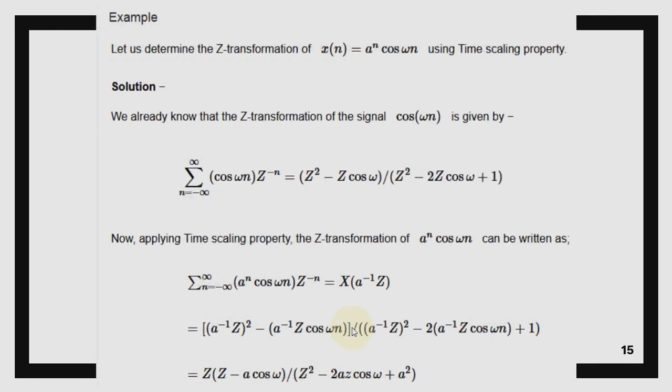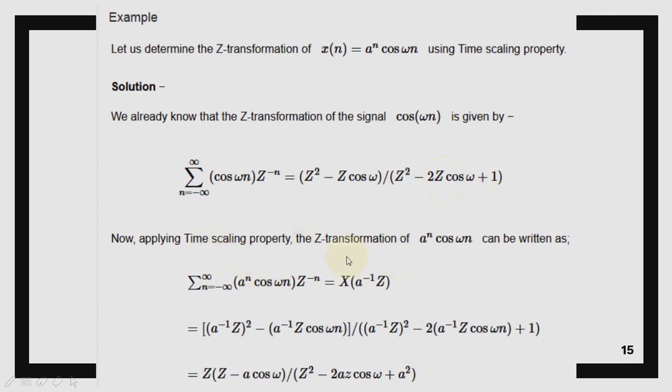So the sequence is x of n is equal to a raised to n cos of omega n. Using the time scaling property, the z transform of cos of omega n is summation n is equal to minus infinity to infinity cos of omega n z raised to minus n. As per the table, its output will become z square minus z cos omega divided by z square minus 2z cos omega plus 1.